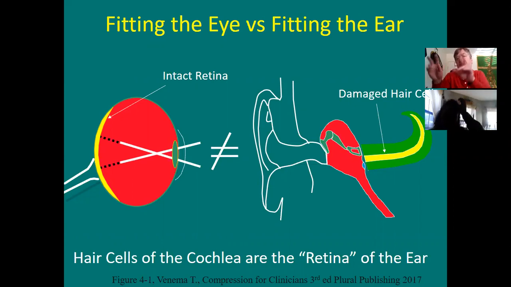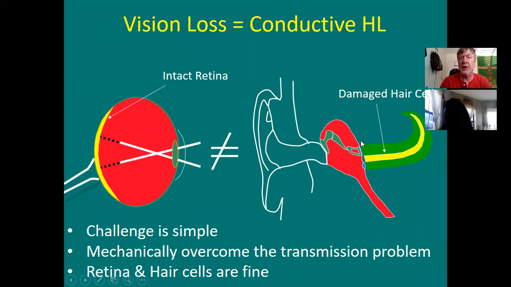What do you think is the right way to fit it? Because look what I made yellow here. The scala media, the hair cell region. And that corresponds to the retina of the ear. So in 95% of hearing loss, it is the hair cells that are damaged, leading to sensory neural loss.